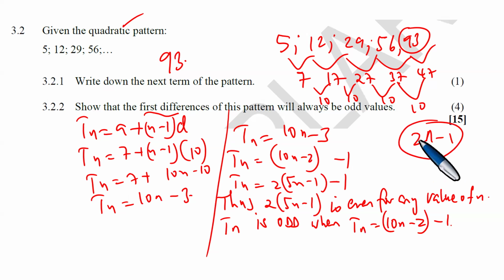So you must show that this is an even number minus 1. So I must show that this one is even. The minus 3 was written as minus 2 minus 1, and 2 was factored out so that we have 5n minus 1, minus 1. And then the 2n is even for any value of n. Tn is odd when Tn is this. So it is indeed odd, and therefore we'll always have odd values.